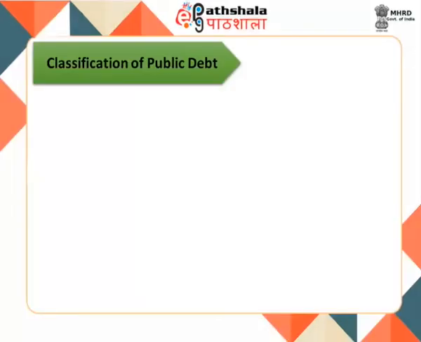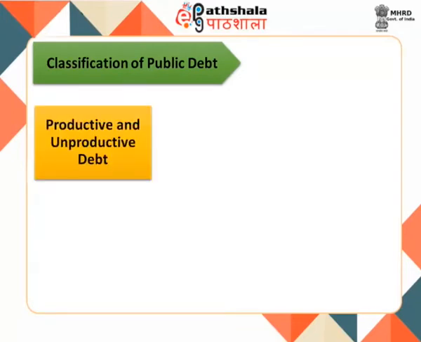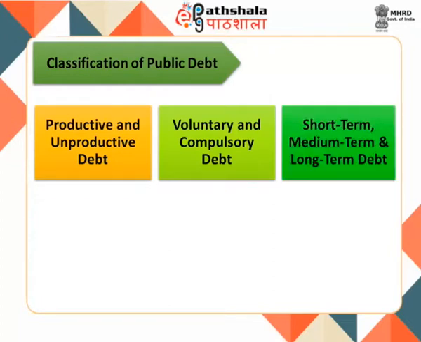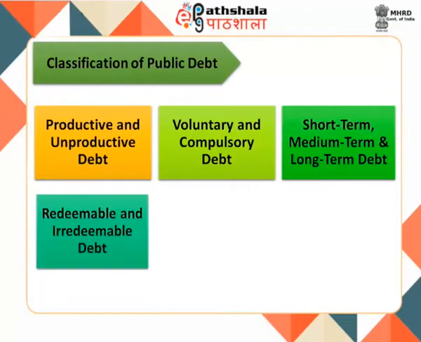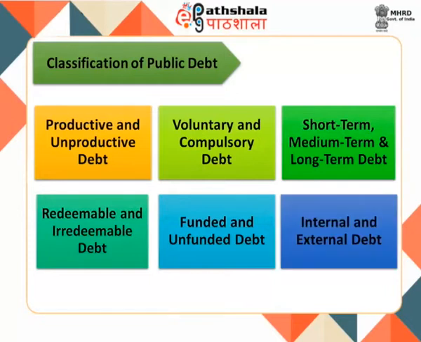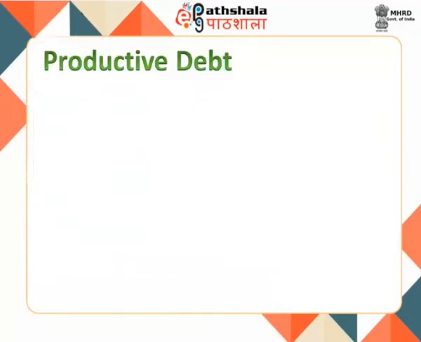Public debt may be classified as productive and unproductive debt, voluntary and compulsory debt, short-term, medium-term and long-term debt, redeemable and irredeemable debt, funded and unfunded debt, internal and external debt. Productive debt.